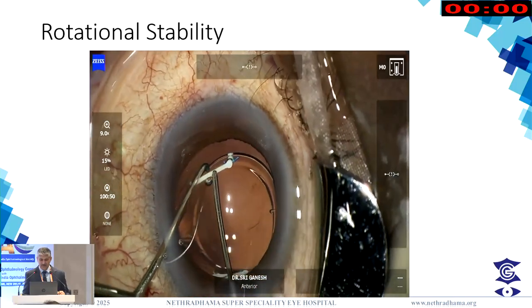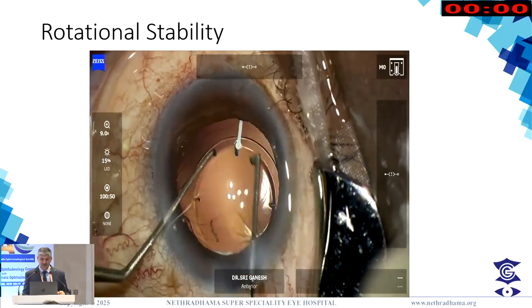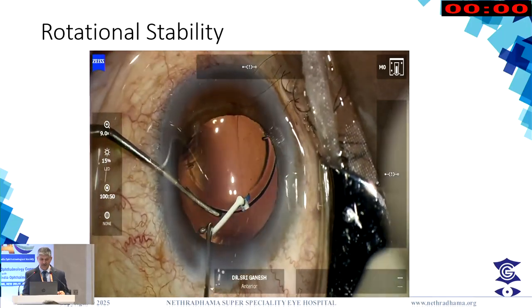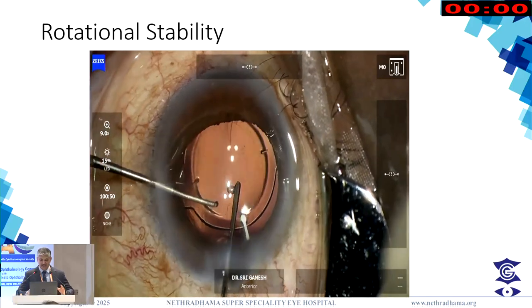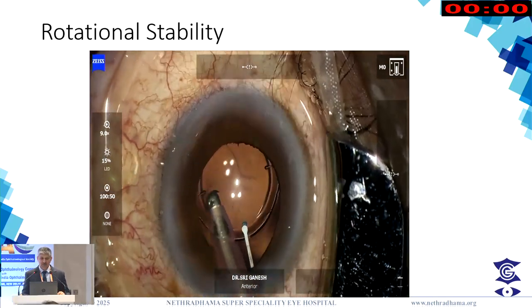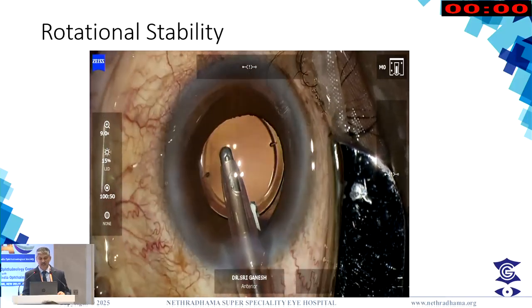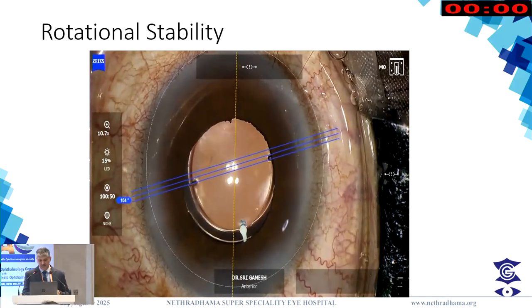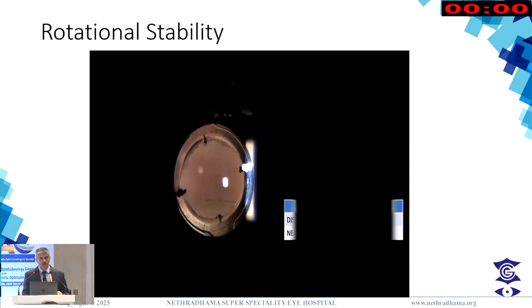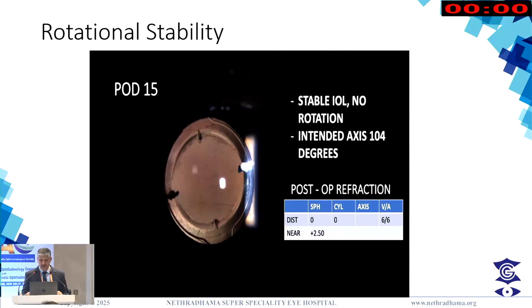You have the swivel haptics, which you can swivel over the anterior capsule, so it captures the capsulotomy. Even with the Femtis, you have flanges which capture the capsulotomy. The advantage is there's absolutely no rotation. With my lens, you can even go under the IOL and then remove the viscoelastic, and it's perfectly on axis. The lens does not move in the post-op period. You can see this is the result at 2 weeks.